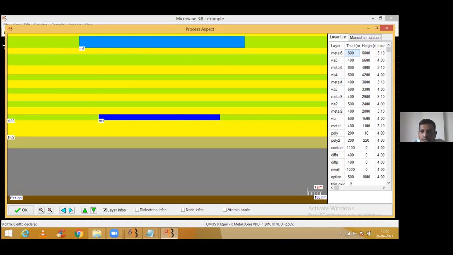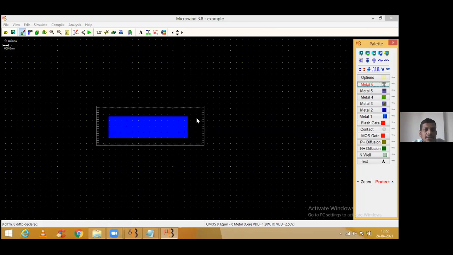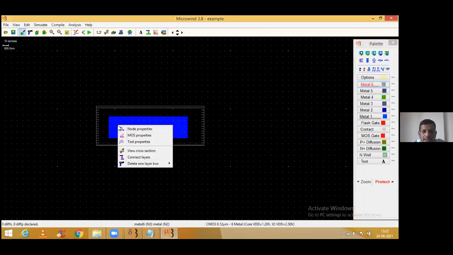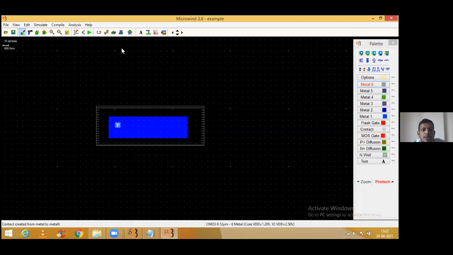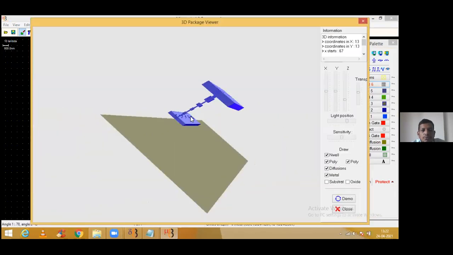Okay. Now, if I want to connect some aspects of Metal 1 with Metal 6, what can I do? Simply, you can right click and ask for connect layers. That is point number 1. You can take a 3D view. Look at that.